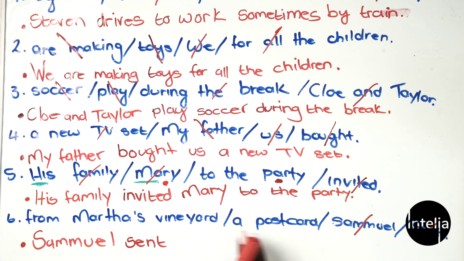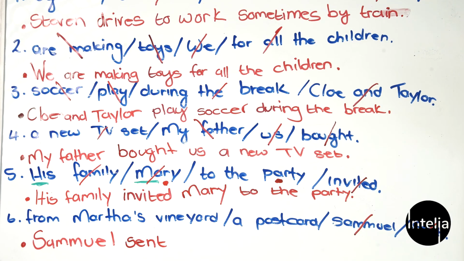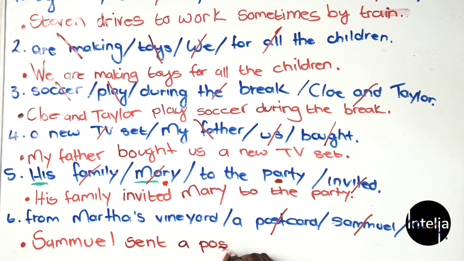We need the object. Which of these two is the object? That's right, a postcard. So we're gonna cross this out and we're gonna add it here. That means we're ending with from Martha's Vineyard. Martha is in capital. Why? Because it's the name of a person.